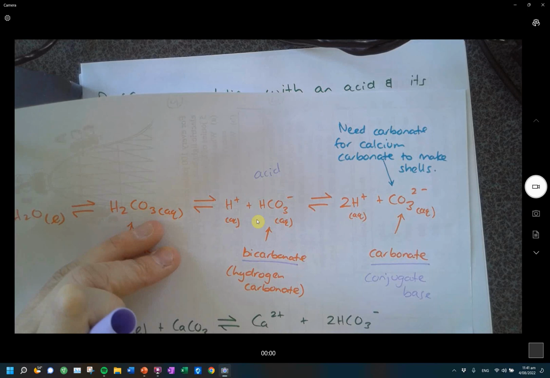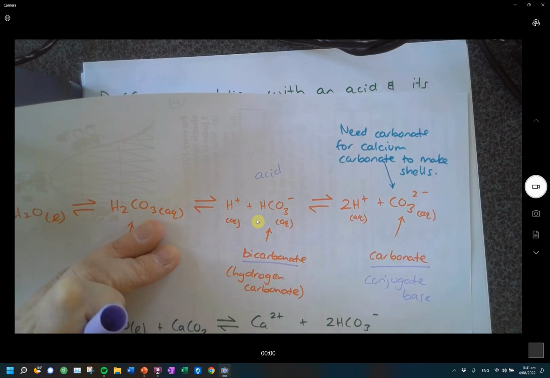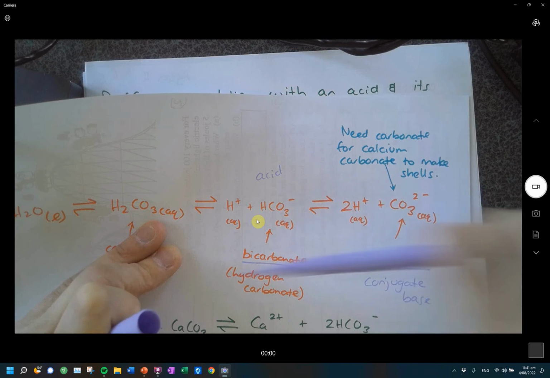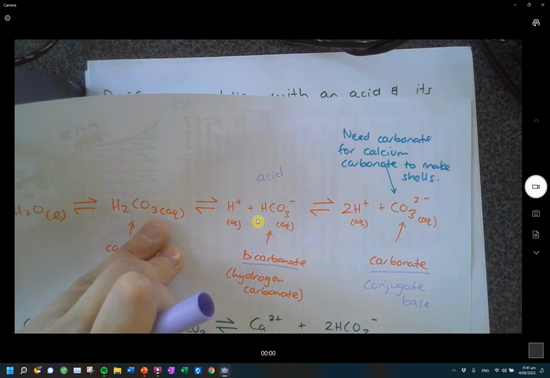If, for example, I add base to my ocean, it promotes the forward reaction. The bicarbonate is going to neutralize it by donating a hydrogen ion. If I add acid to my ocean, then those hydrogen ions are going to be accepted by the carbonate, moving the reaction backwards to mop it up and maintain that pH.